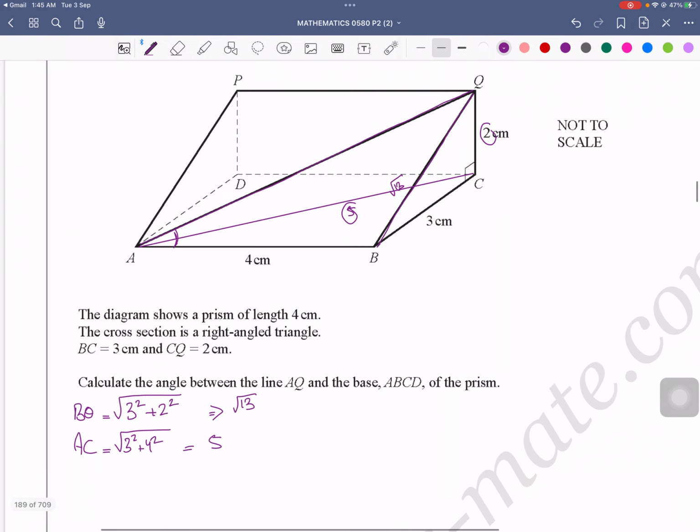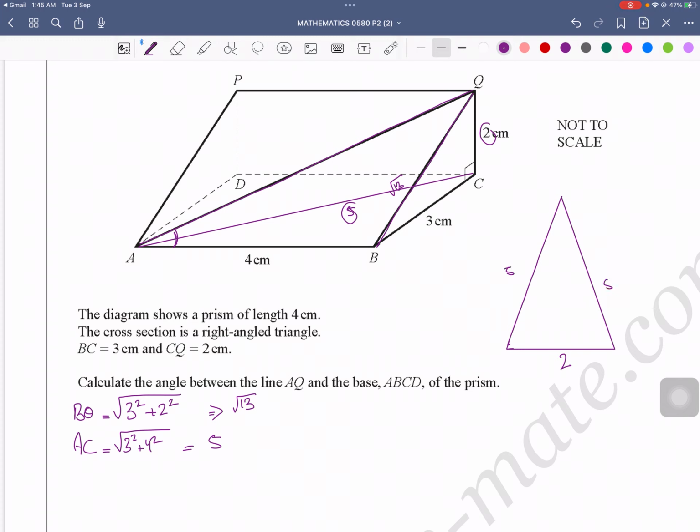So if I may take a liberty to show this in an easy way, this is what it's going to look like, right? This is 2, this is 5, this is 5, and this is A, this is C, and this is Q, right?